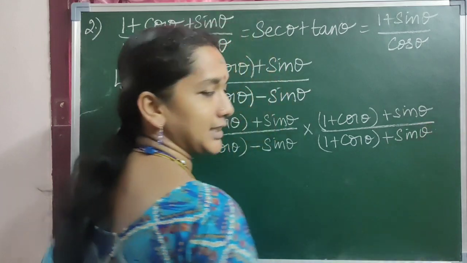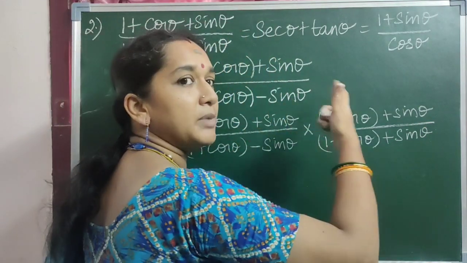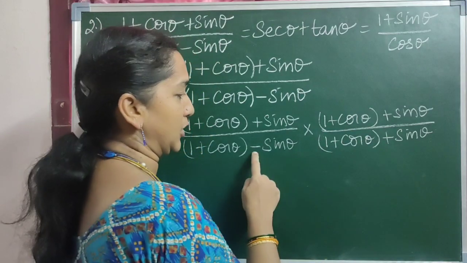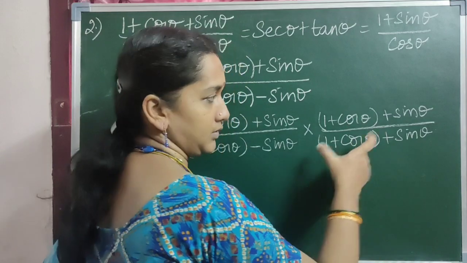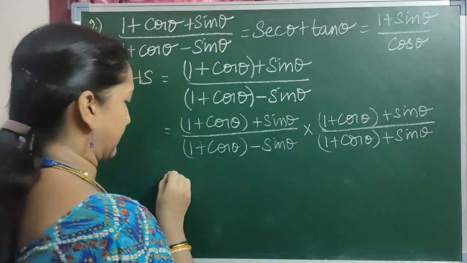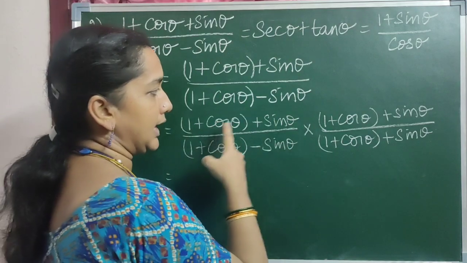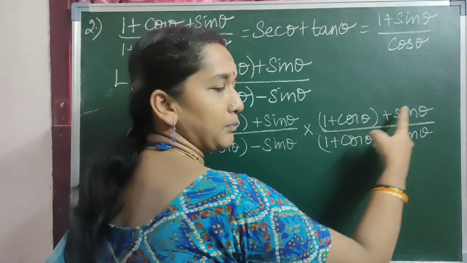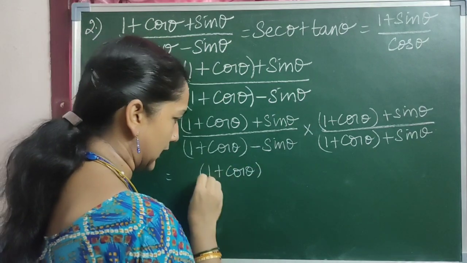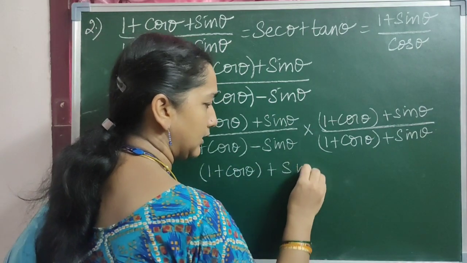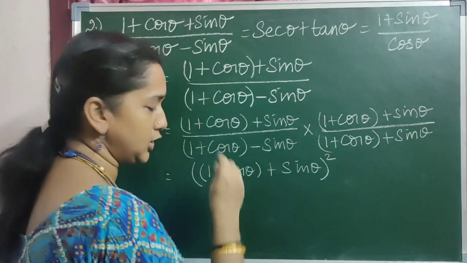If you have sums like this, you split the terms like this and multiply by its conjugate. If you have a minus sign and you multiply that with the plus sign, two terms, you will get the answer. Okay. So here, as usual, A plus B, A plus B. So (A plus B) the whole square for the numerator.